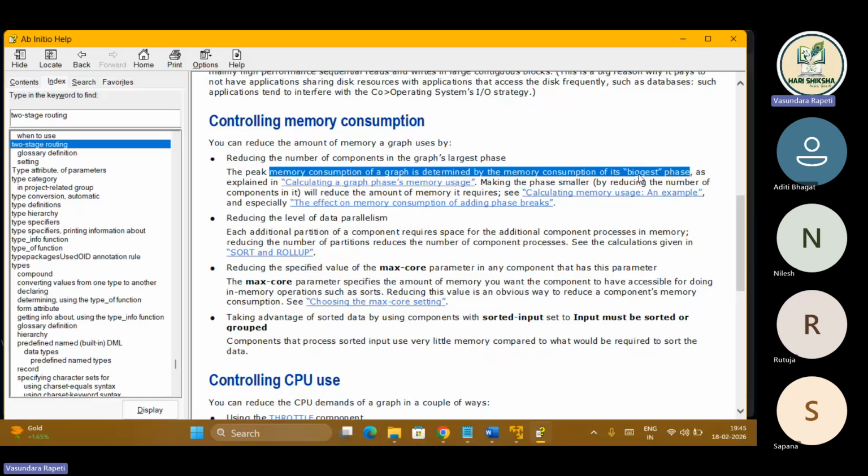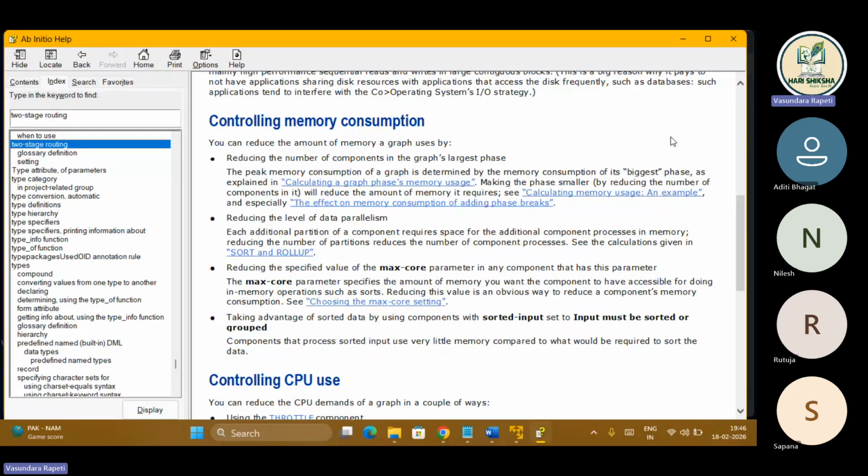So how much memory should be available for the system to run? 100 GB. Otherwise, the first phase will not run at all, right?